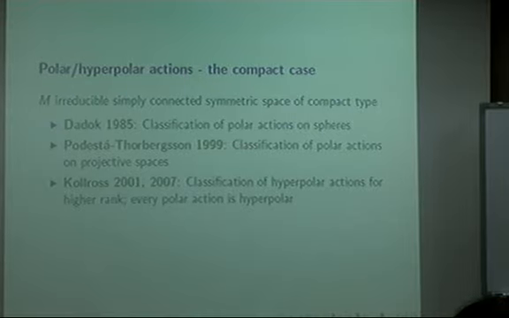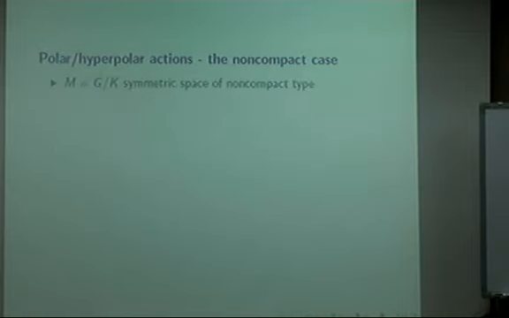But in the compact case, the situation is somewhat easier because compact groups are explicitly known. One can use Dynkin's classification. The structure is known. That's why one has a simple access to this problem. It's just a matter of writing down all the groups. But for the non-compact case, it's more complicated because of the non-compactness of the groups which are involved.